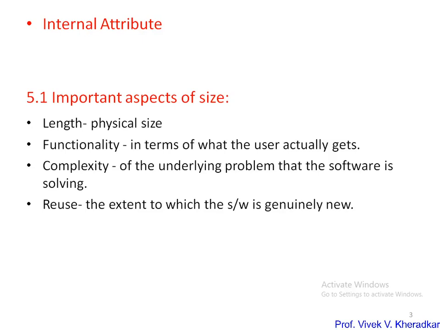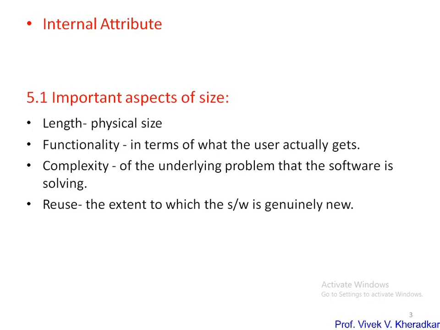We'll start by reviewing the current approach to size measurement, highlighting the pitfalls of the traditional method, and then identify the different aspects of software size. The first aspect is length, which measures the physical size.